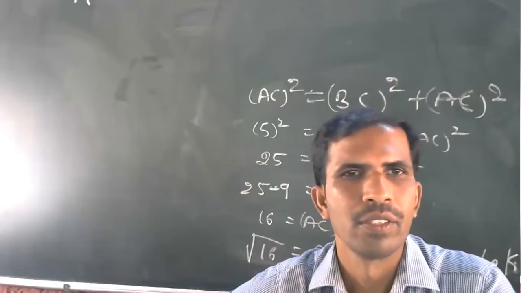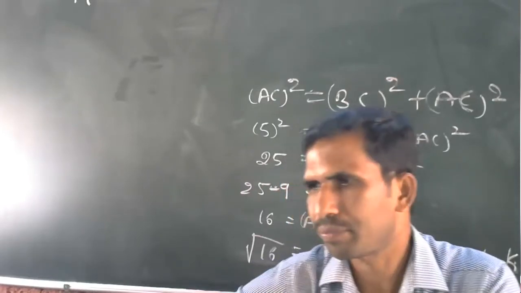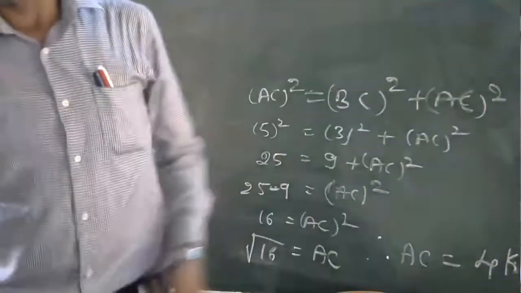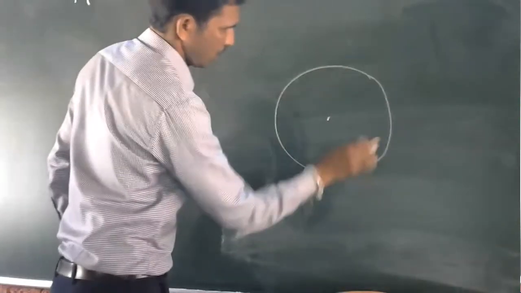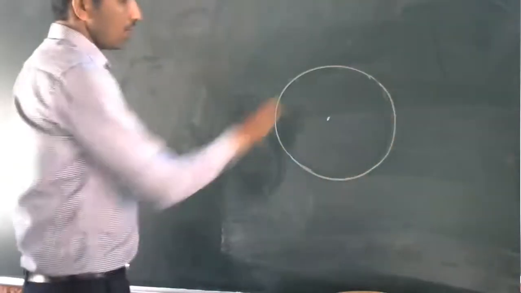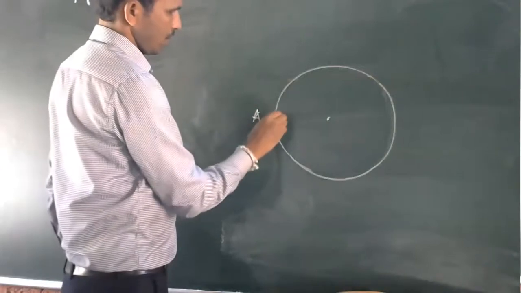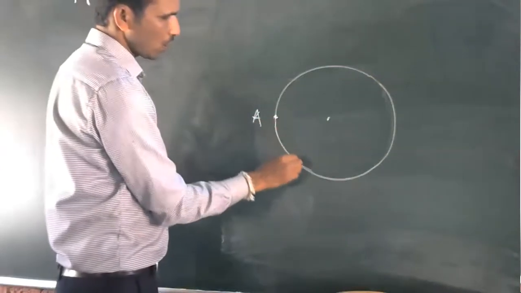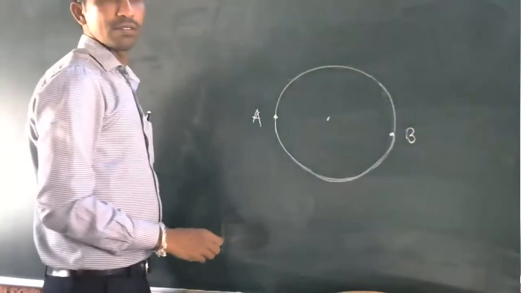So one more example I'll give for displacement. Say this is a circular track. In a circular track, a person is moving from A to B. Understood?